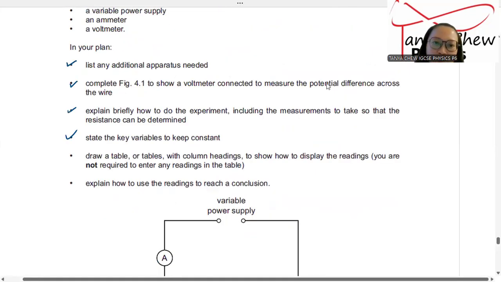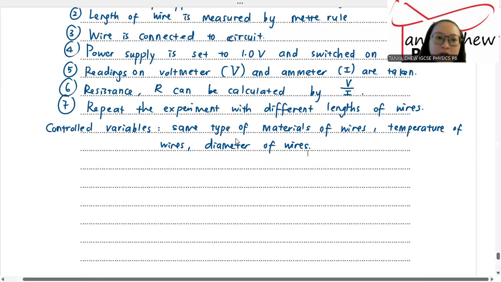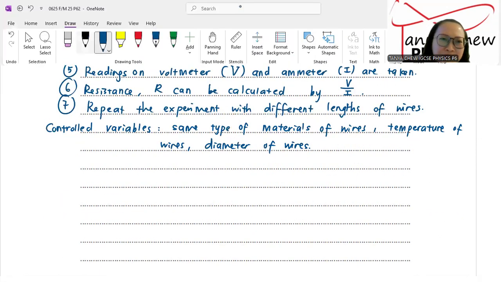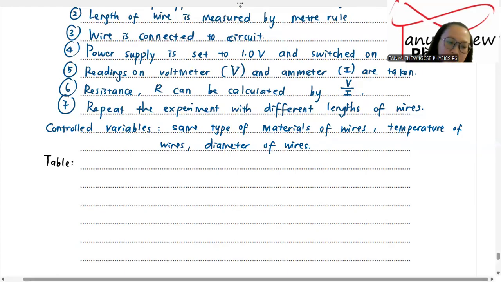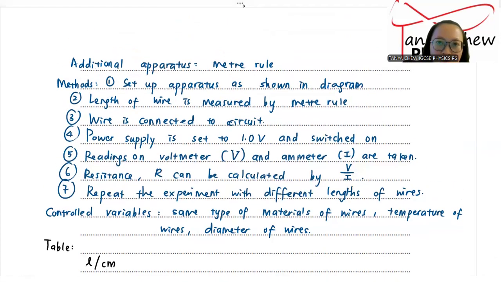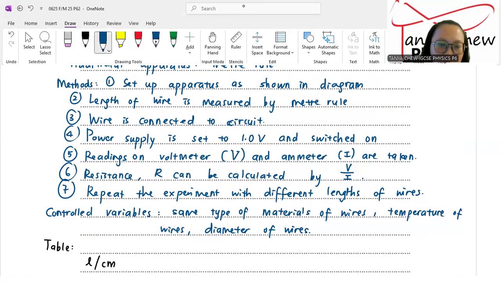And then you have to draw a table or tables with column headings to show how to display the readings. You're not required to enter any readings in your table, right? So this is my table. Maybe I use different color, right? This is how I tabulate the table. So I have a length, which is in cm, right? If you want to use a symbol in your table, you have to explain.